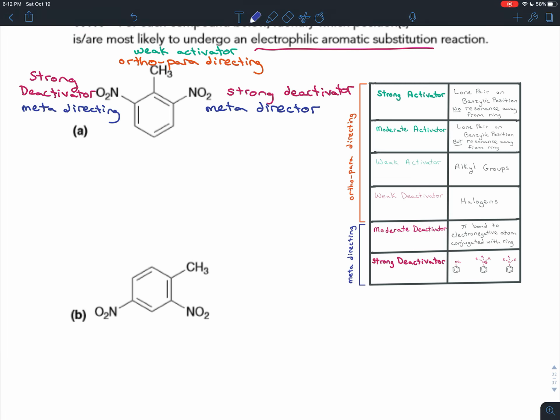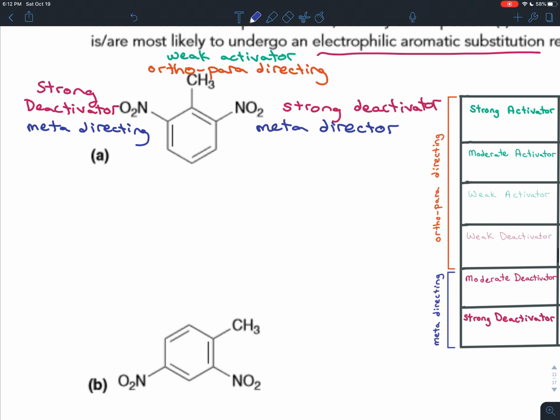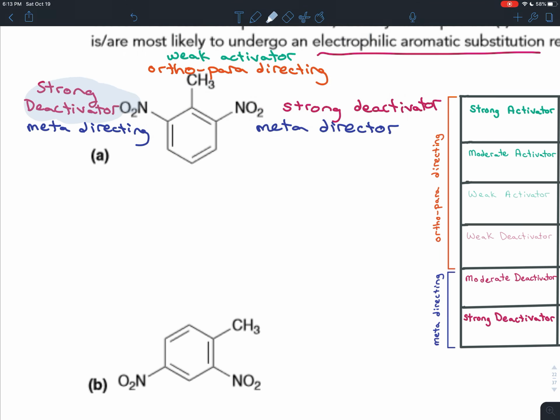Okay, when you have more than one branch on a benzene ring, the one whose directing effects determine where the branch goes is the most activating branch. So we have 3 types of branches here. We have a strong deactivator, we have a weak activator, and we have a strong deactivator. The most activating of those 3 things is the weak activator.